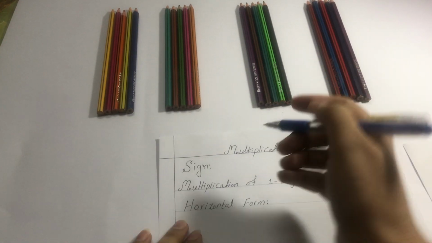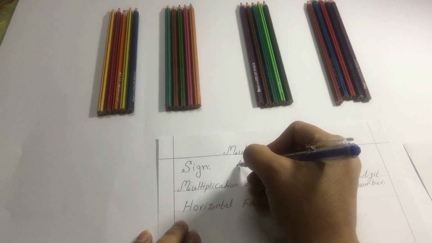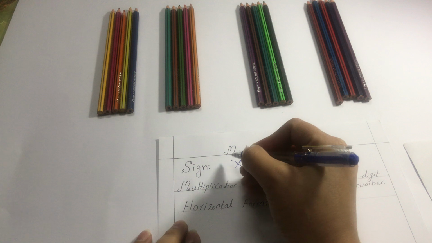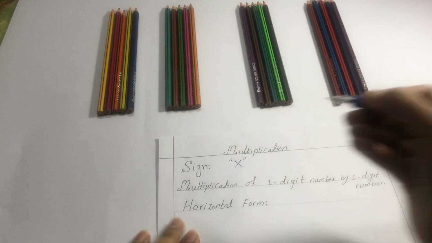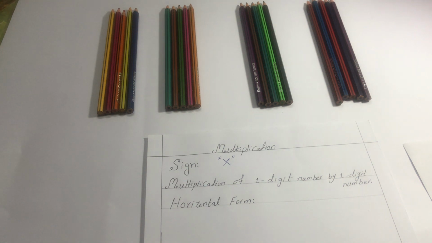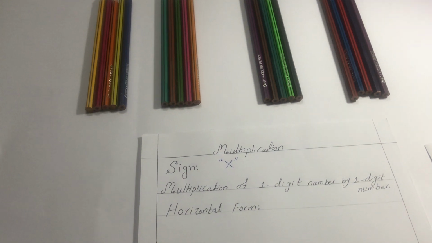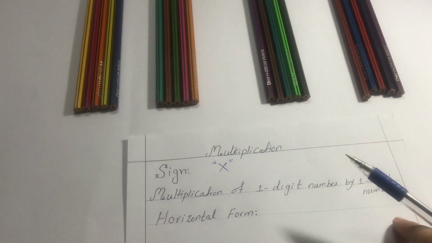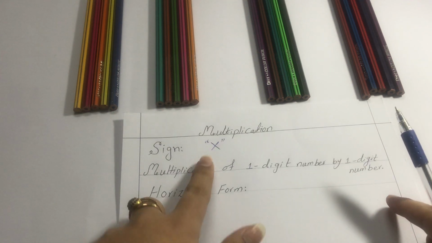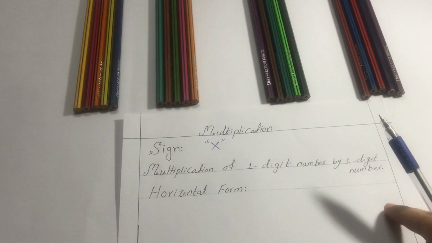Students, this is the sign of multiplication. This is the sign we always use for multiplication. You have already seen this sign in your tables, right? So this is the sign we are going to use for multiplication.